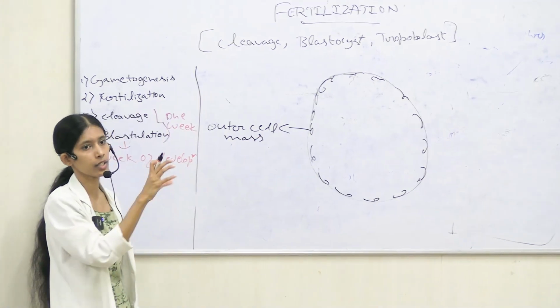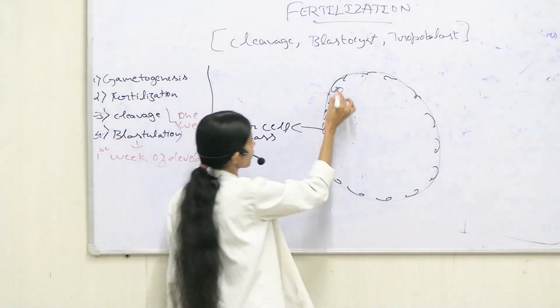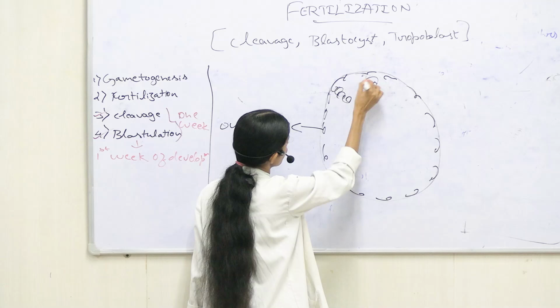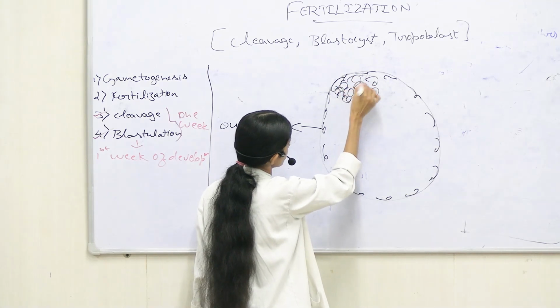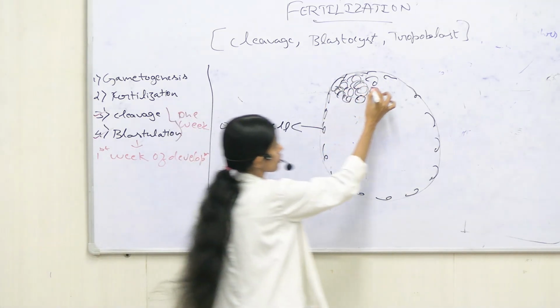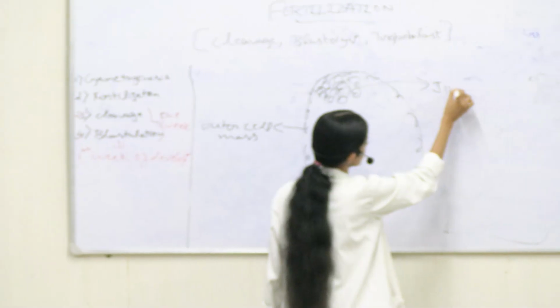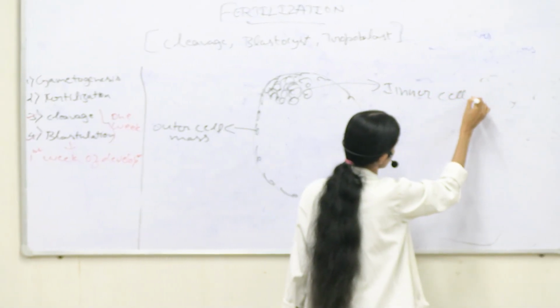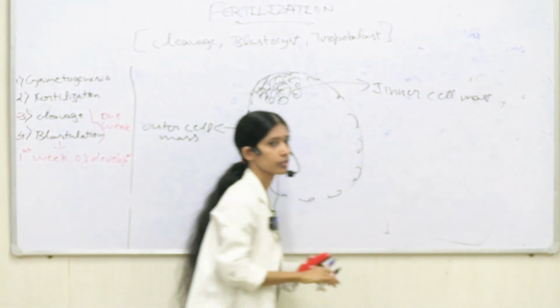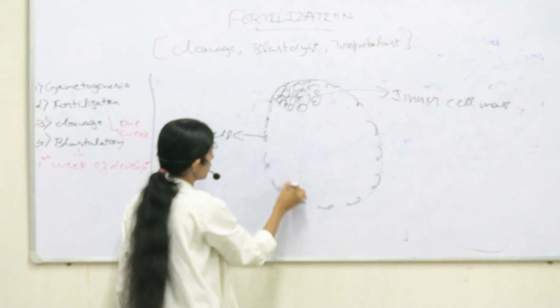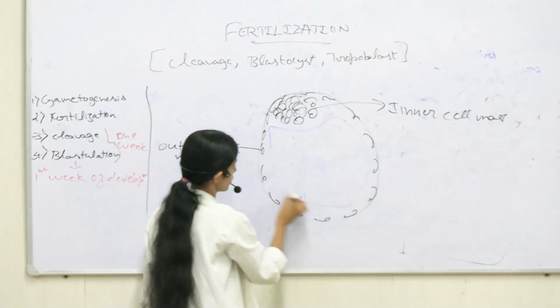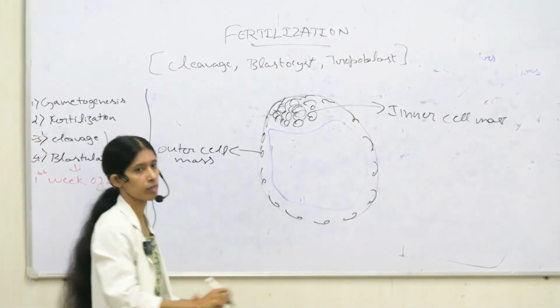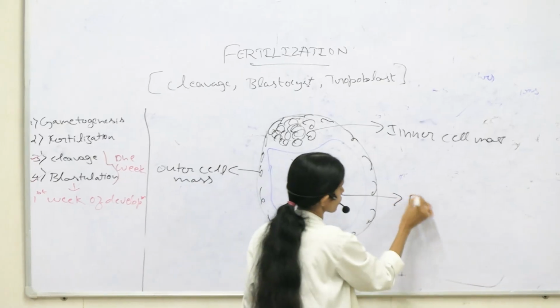Okay. And at any one pole, there will be arrangement of a few more cells like this. Okay. Now this is called as inner cell mass. Okay. And this entire cavity is called as the blastocele or blastocyst cavity.